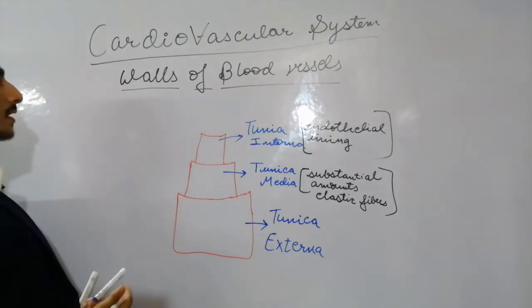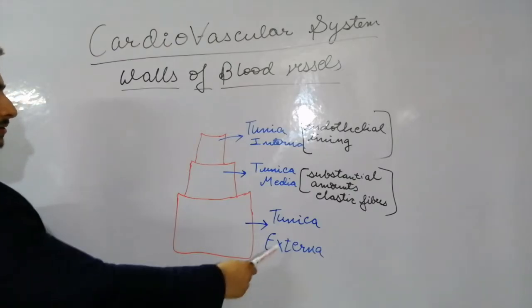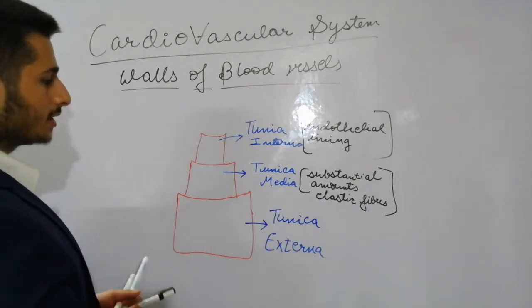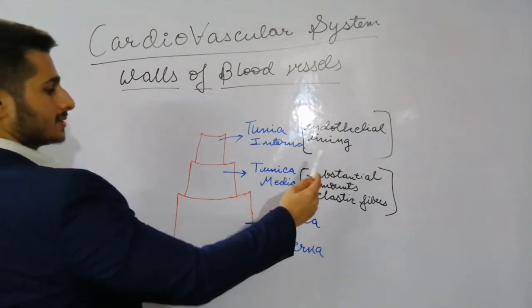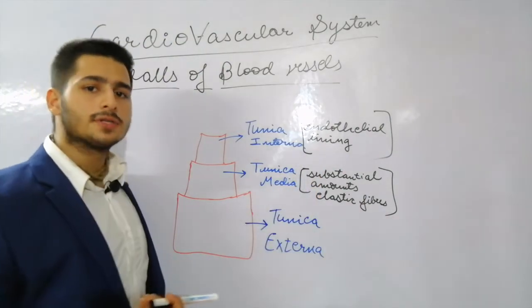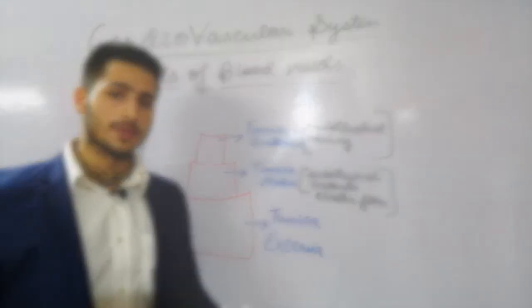So we have three layers of the walls of the blood vessels: tunica externa, which is the outermost layer; tunica media, which is the middle layer and contains substantial amounts of elastic fibers; and tunica interna, the endothelial lining of the blood vessels.